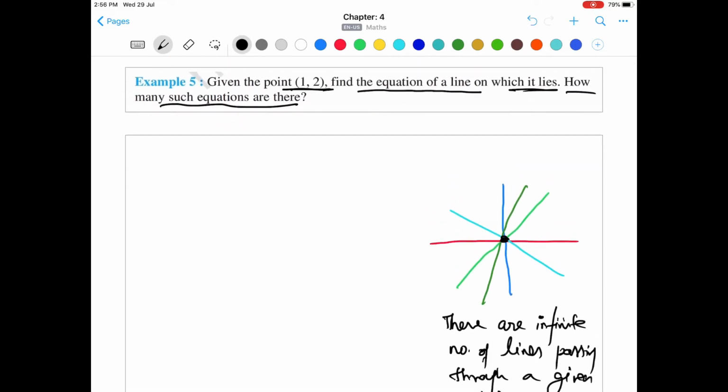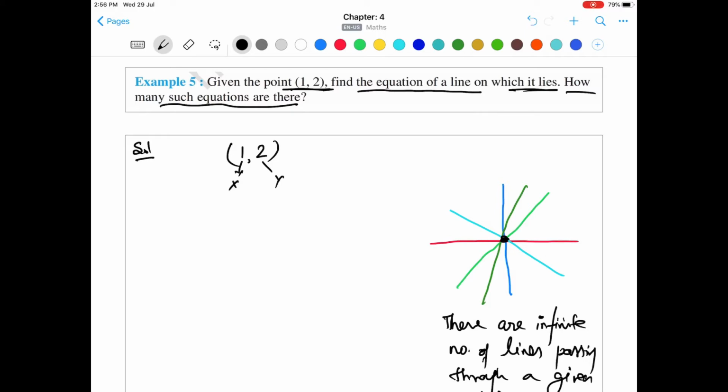We are given the coordinates of a point, which are 1 and 2. Here 1 is the x coordinate and 2 is the y coordinate, and we are asked to write one equation on which this point is lying.